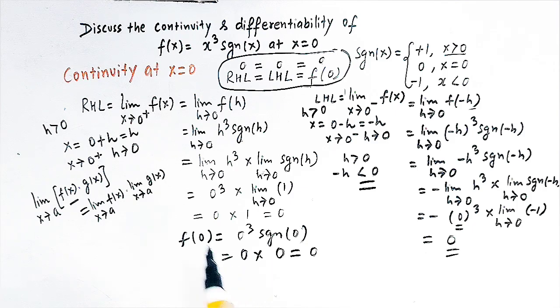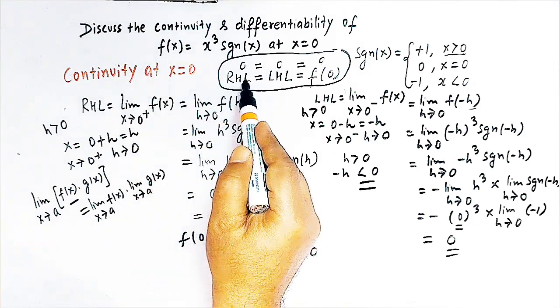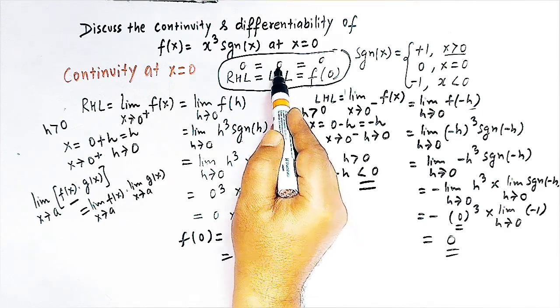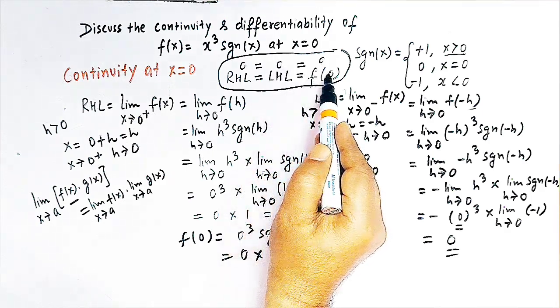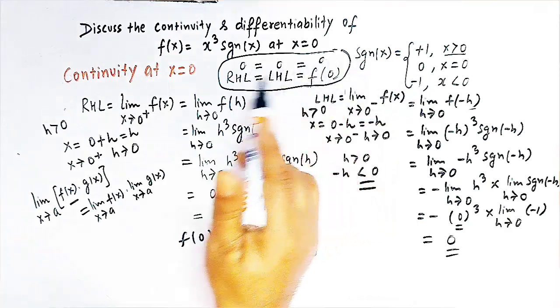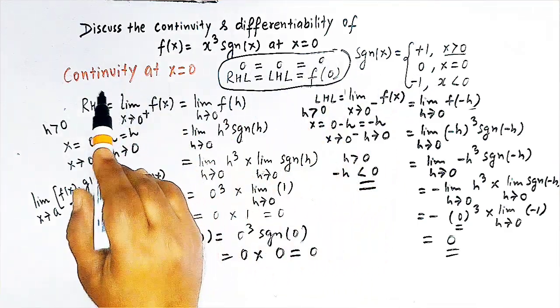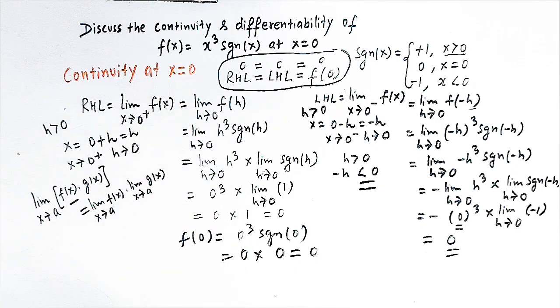So here we conclude that for this function, the right hand limit is equal to 0, the left hand limit is equal to 0, and f of 0 is also equal to 0. So all these three quantities are equal to each other. Hence, this function is continuous at x equal to 0.